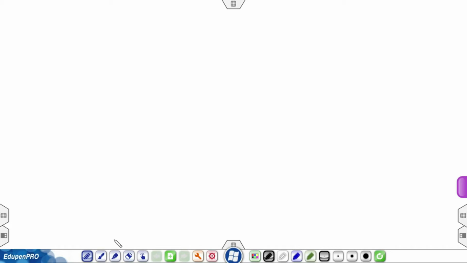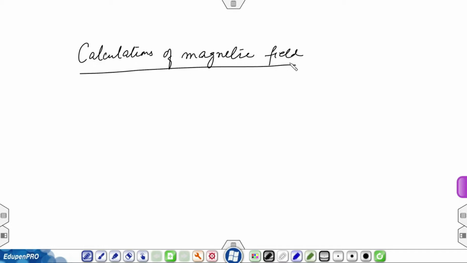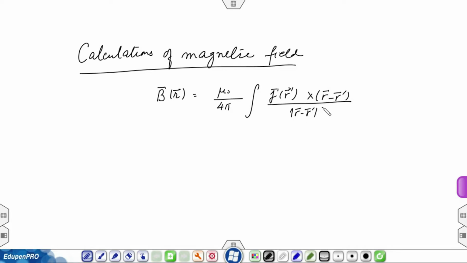Okay. So, we have been doing calculations of magnetic field, where we can use either the Biot-Savart formula or Ampere's law, which says that curl of B is equal to mu naught J of r.